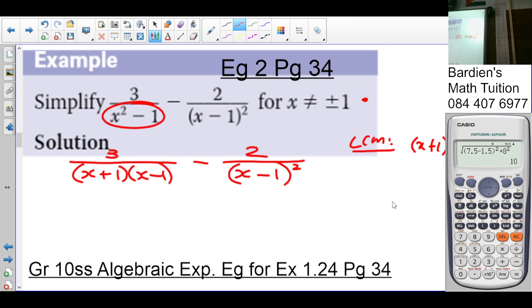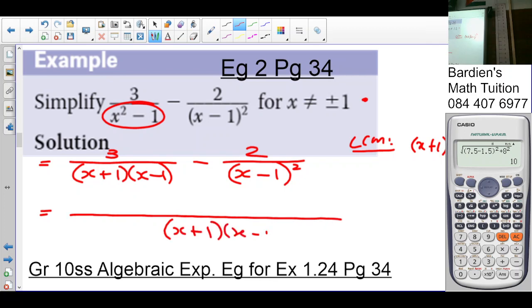Okay. So let's write this as one fraction. So you're going to get x plus 1, x minus 1 squared. Now what? The first fraction must be multiplied by x minus 1, and the numerator by x minus 1, to get equivalent fractions.